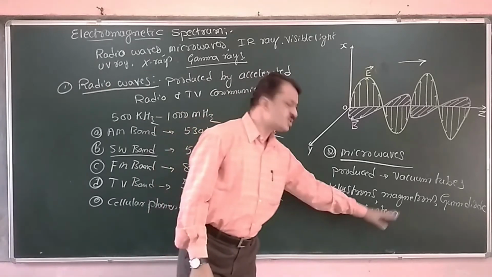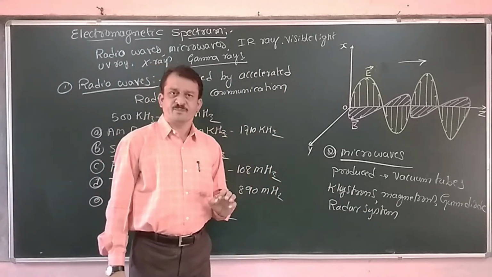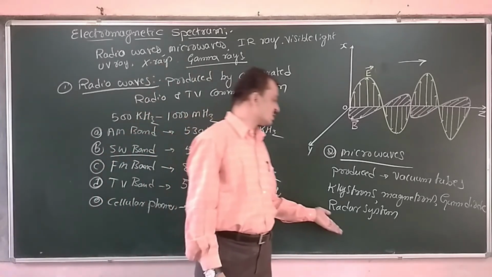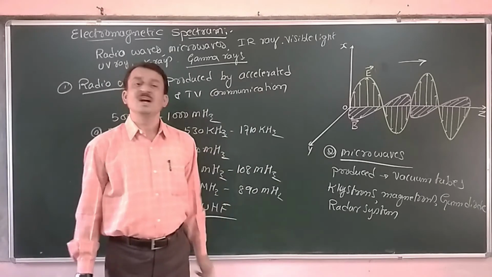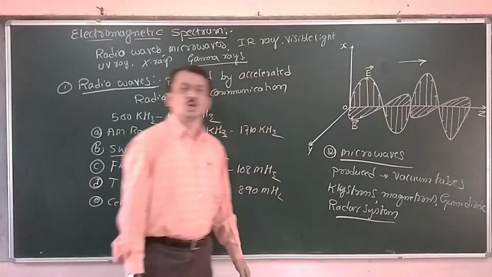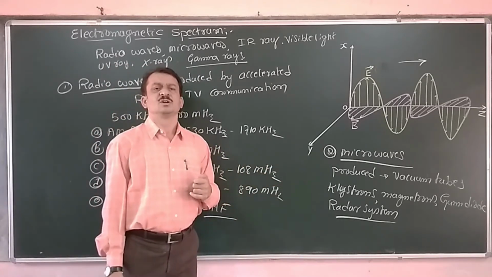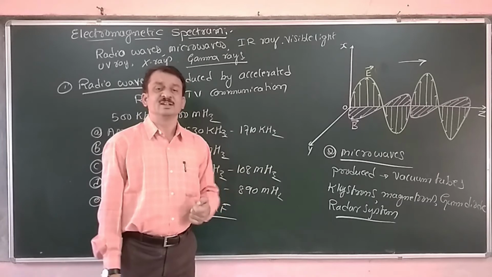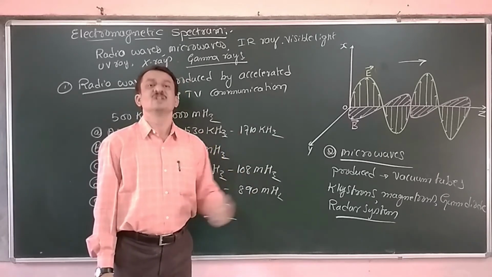This system is used for the navigation of aircraft. In air traffic control, the radar system is used to navigate aeroplanes. Also, the radar gun is used to find the speed of a ball in sports.